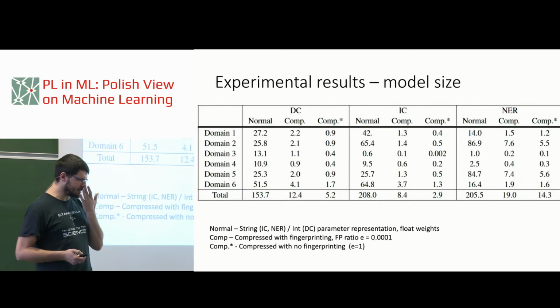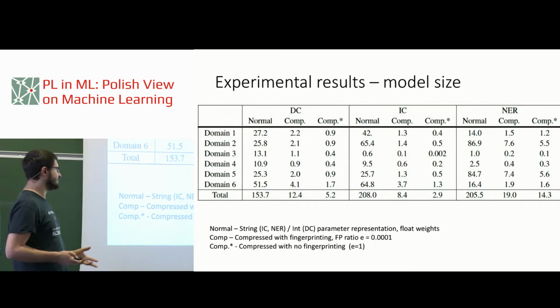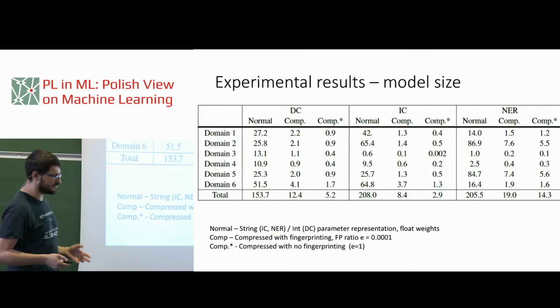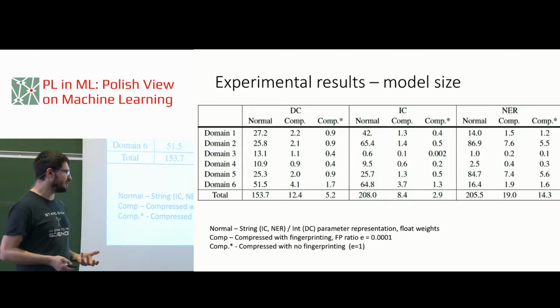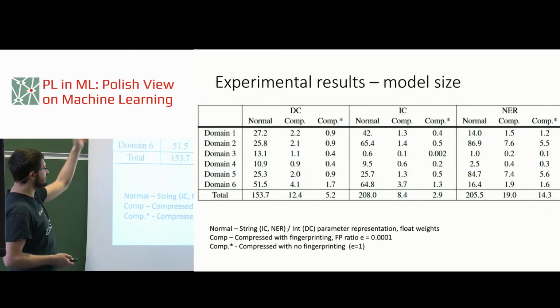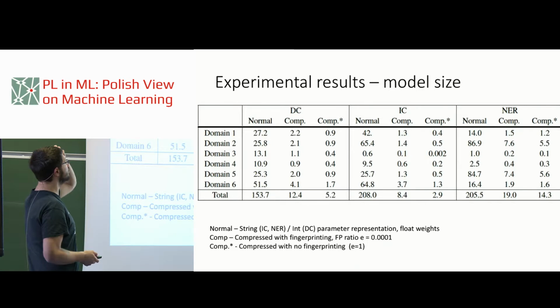Now, how does this perform in practice? First of all, the model size, which is what we are targeting to reduce. Those models are split across multiple domains and multiple ranking components.